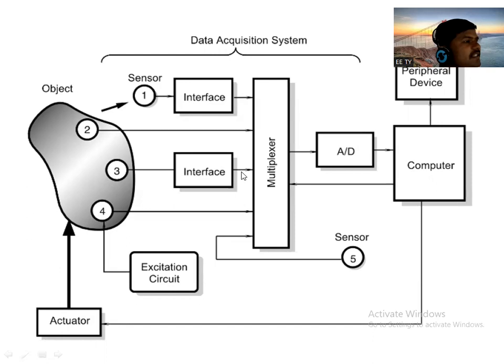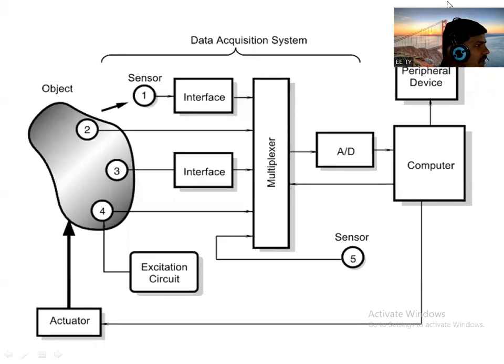So extrinsic is what is used to sense the stimulus, or it may be the object, or the condition of that material or a property of that material. So on the external side, that means it will be located at the input side.